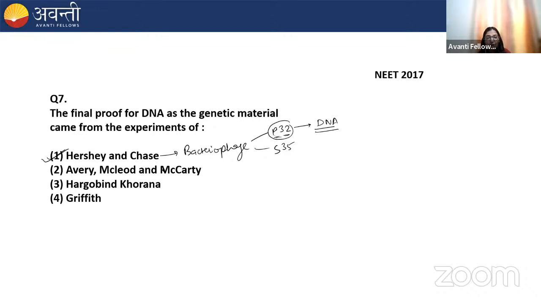So Hershey and Chase concluded that the DNA is the genetic material which is transferred from the virus into the bacterial cell. Avery, MacLeod, and McCarty explained the biochemical nature of the transforming principle, that it was DNA, but many scientists were not convinced. Griffith performed the transformation experiment.